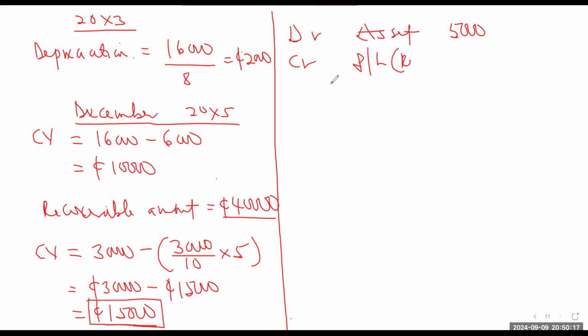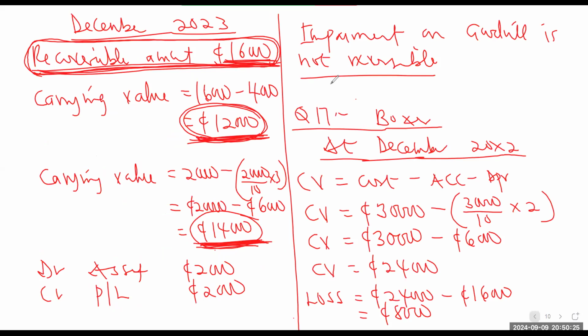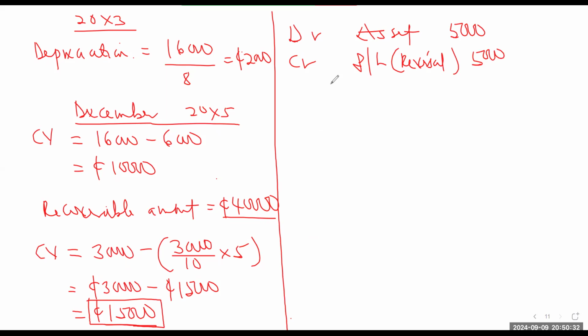So the reversal of the impairment loss is 5,000. What was the actual impairment recognized? 8,000. But if the impairment has not happened, what would have been the depreciation every year? 3,000. By the time that the impairment happened, what was the depreciation charge for the 3 years? 2,000 per year.